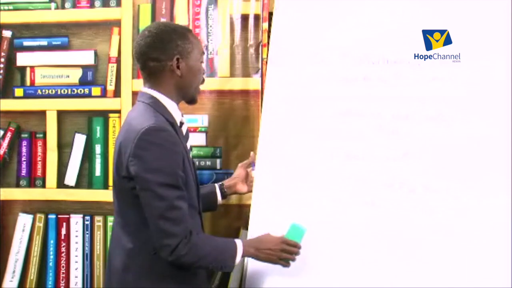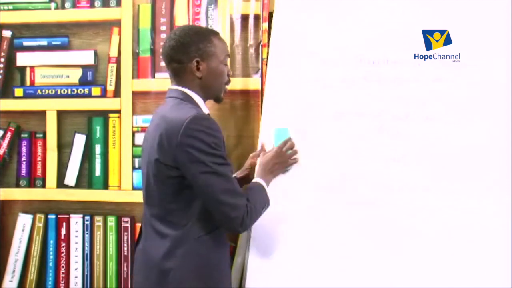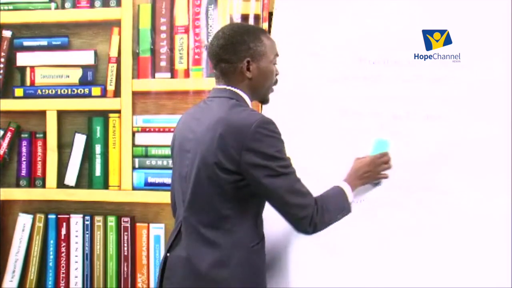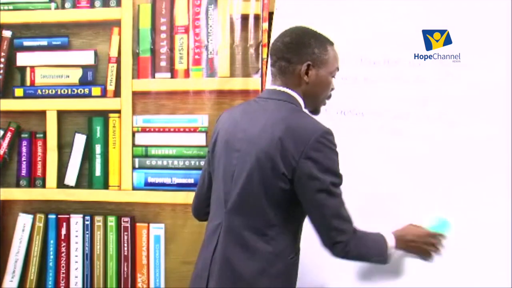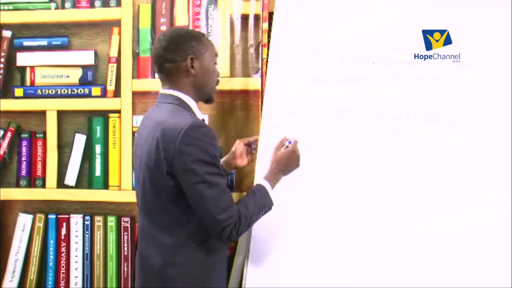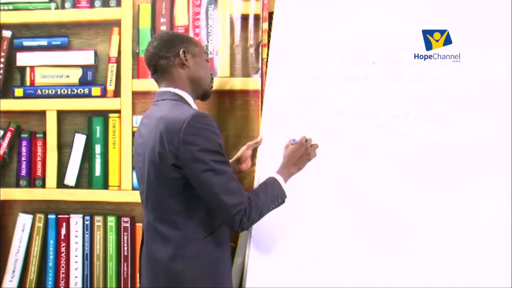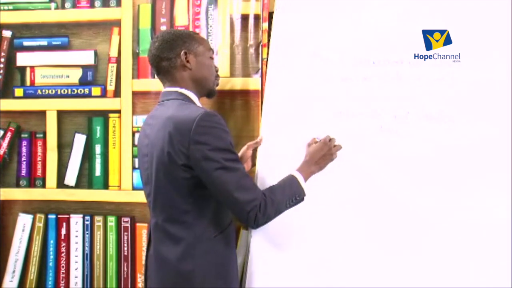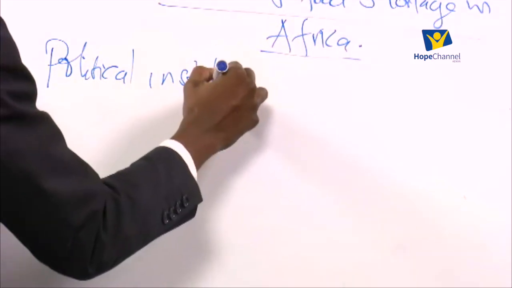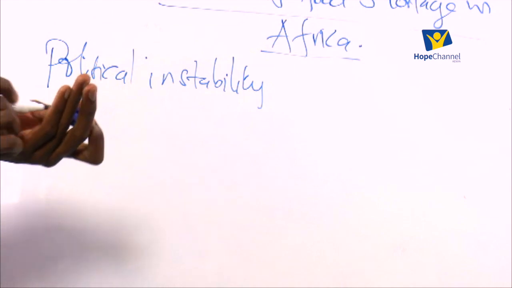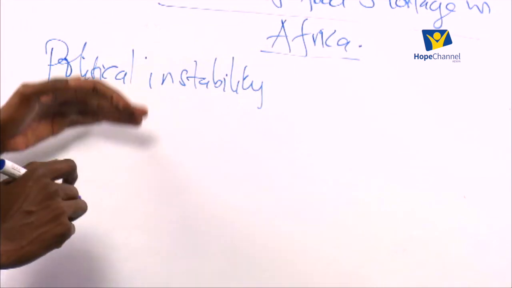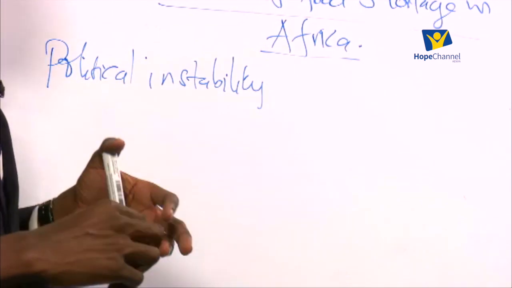Case at hand, Kenya, we experienced the post-election violence in 2007, 2008. So when we have political instability, even external investors who would want to come and invest in the field of agriculture will be scared to, because there is no peace in such a country or in African countries.